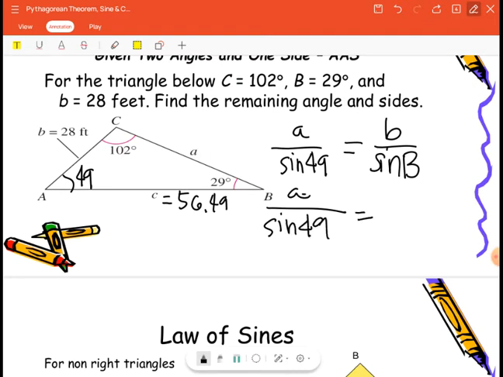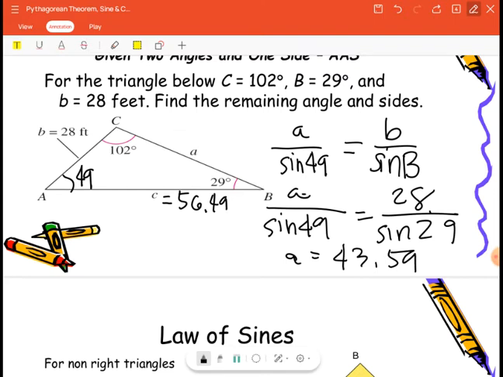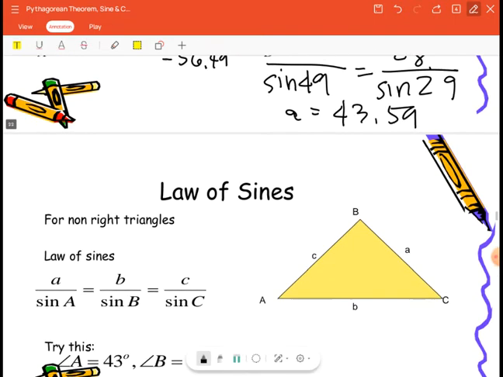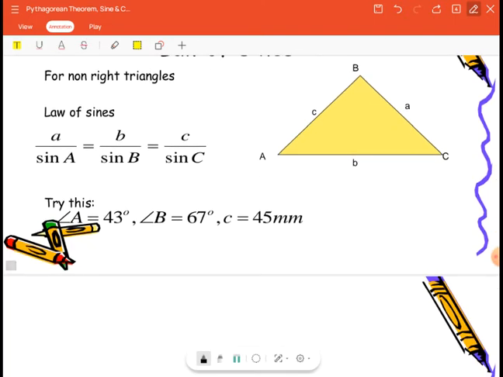Is equal sa B. 28 over sine nung 29. So, that is equals to 43.59. Okay? So, try nyong gawin. Try this. Okay, ito.